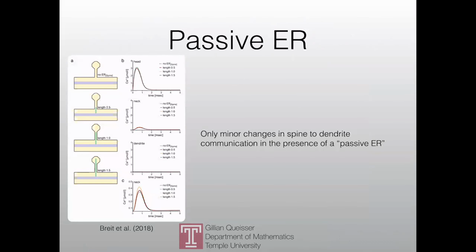And we looked at what is the role of the endoplasmic reticulum in synaptic spines. So we started out by designing a geometry which only contains dendritic ER and no ER in the spine. And then we grew the ER further and further into the spine.